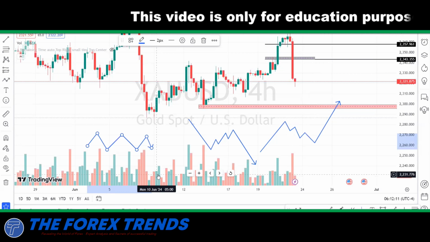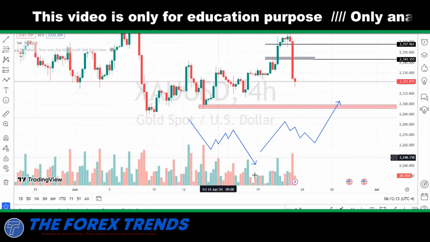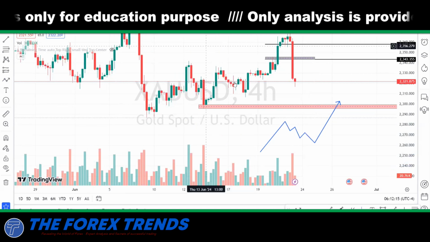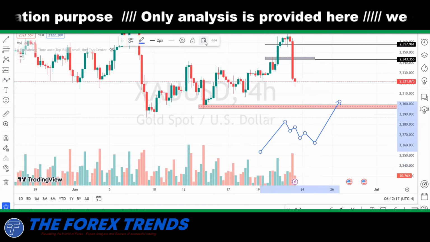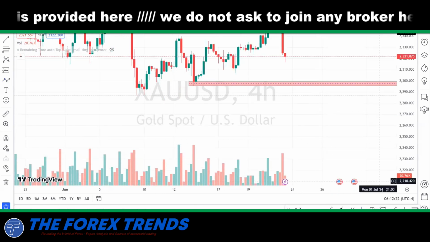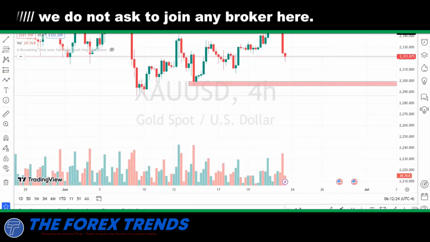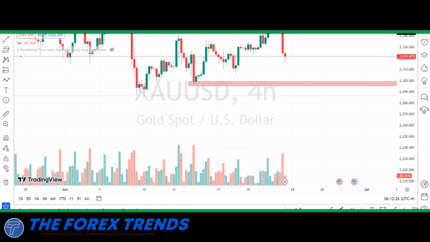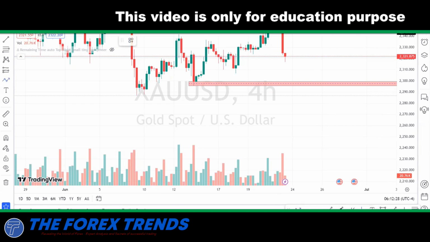Okay, so how can we utilize Fibonacci? Fibonacci is generally used in the impulsive movement, and it calculates how much correction will be made after the impulse. Let me show you.